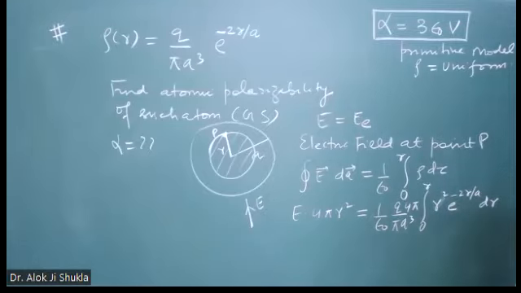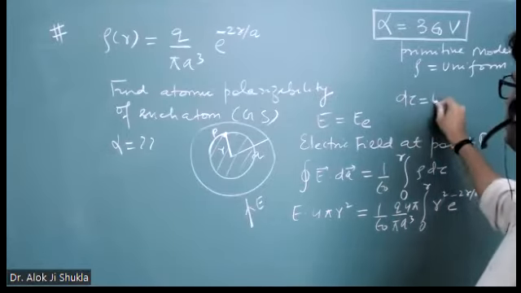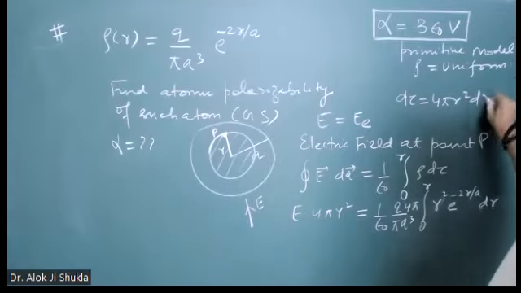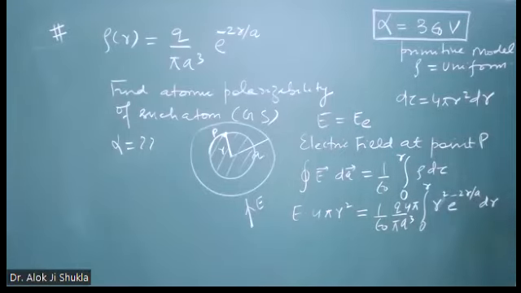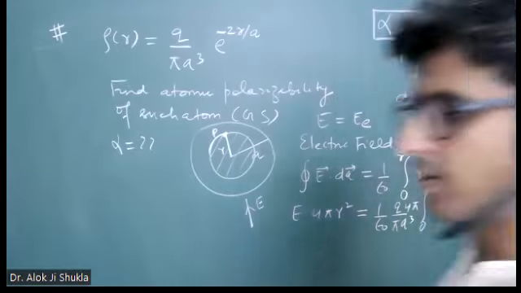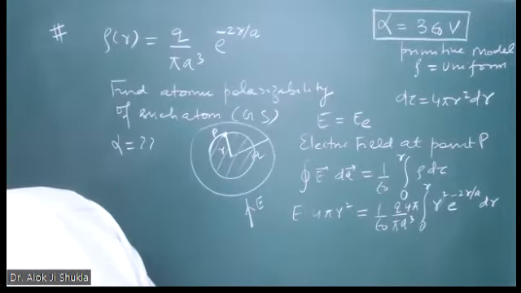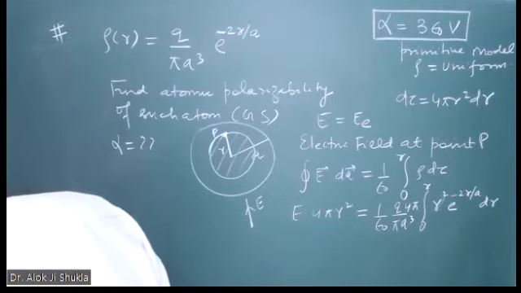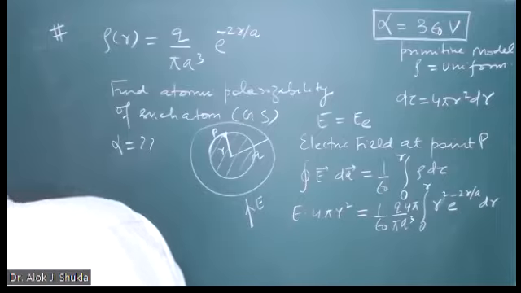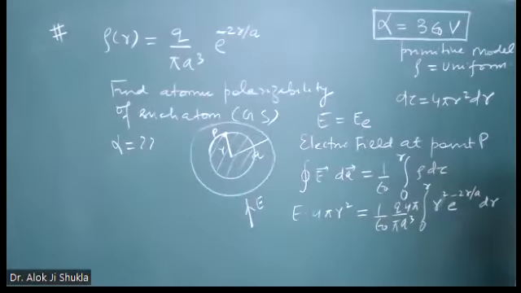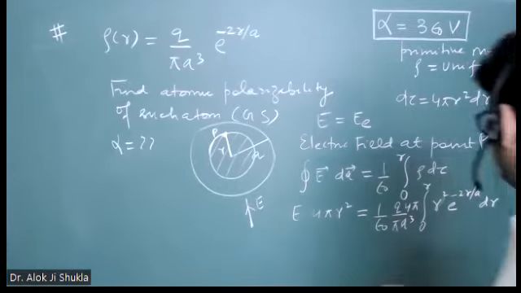Is everyone understanding how I used d tau? You know, d tau is 4 pi r square dr. Okay, when theta is symmetric, phi is symmetric, no problem. Correct. Now calculate this.